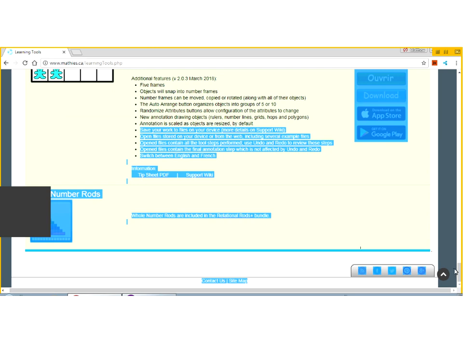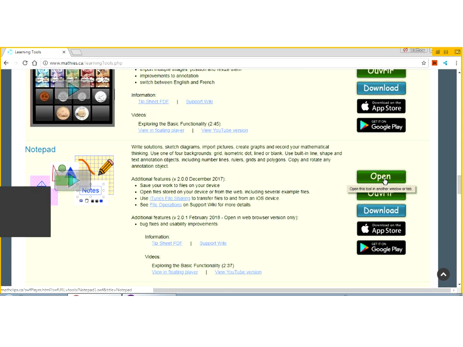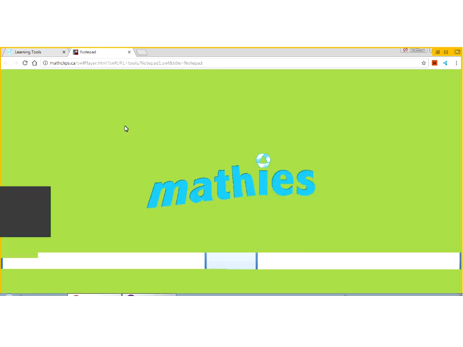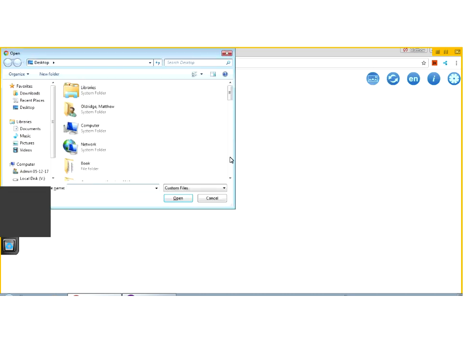So what I'd like right now, I'm going to show you the notepad, and then I'm going to go back to Blackboard. But this is where there's 2 tasks coming up that you're going to be able to try. So when I open it up, you'll see this, and you'll choose a background. I'll just pick maybe plain this time. Okay, so the key is this picture or portrait.